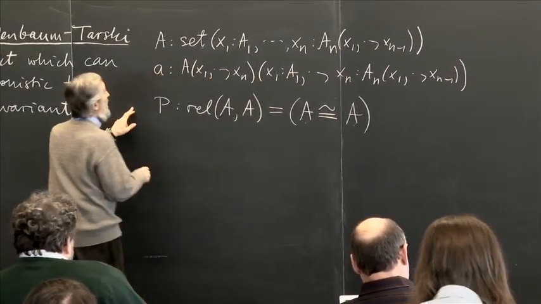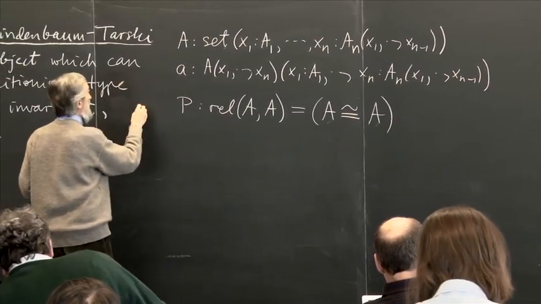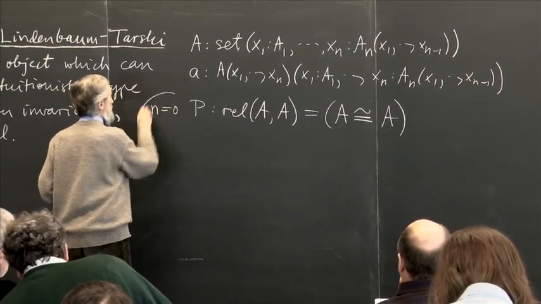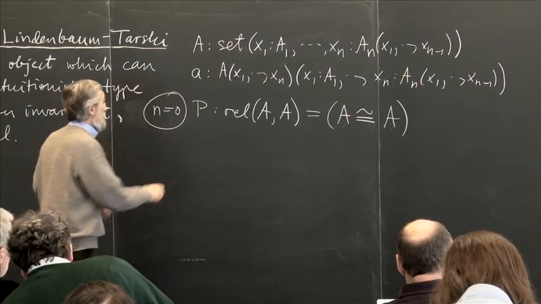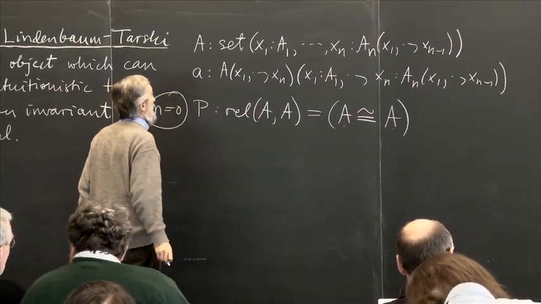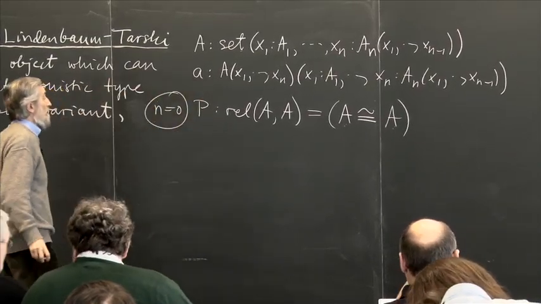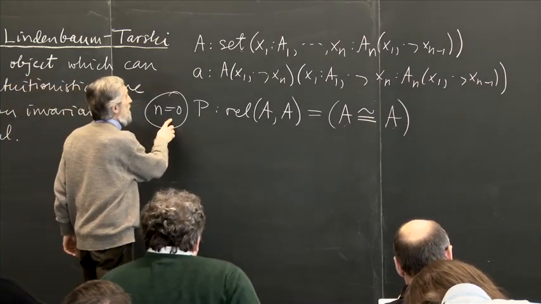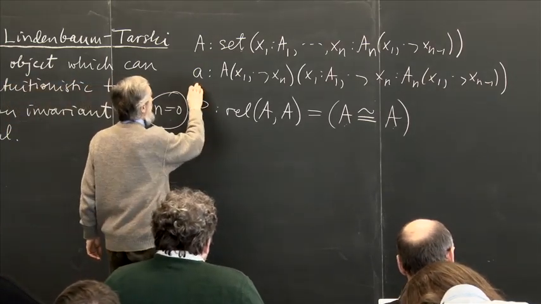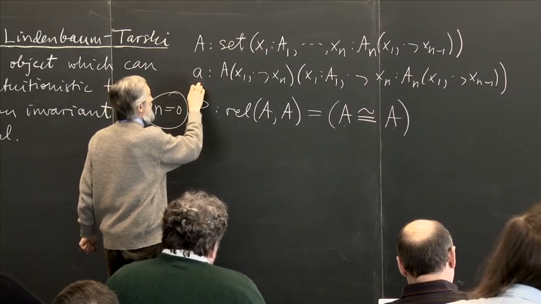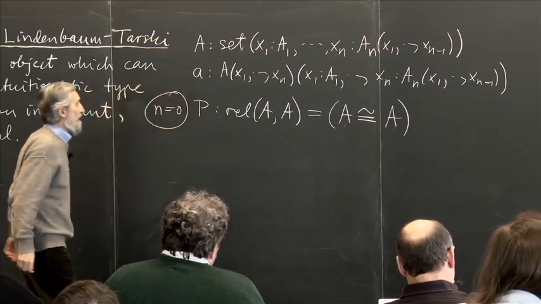And so this is the case when n is equal to 0, as I said. And in the case of the second form, when n is still equal to 0, what does it mean for an element of A to be relation invariant?